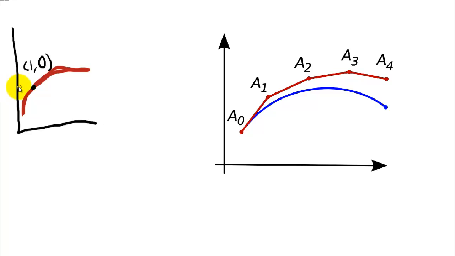Then what we do is we look at the tangent line from here, which you can calculate using the derivative, and then we can use that to approximate the point that we want to know, which say is right here.